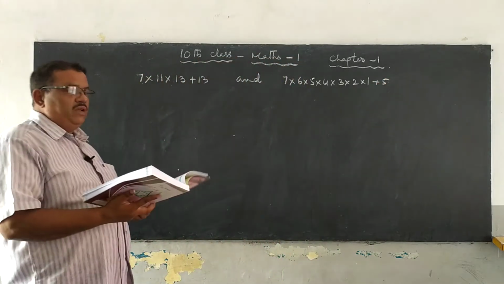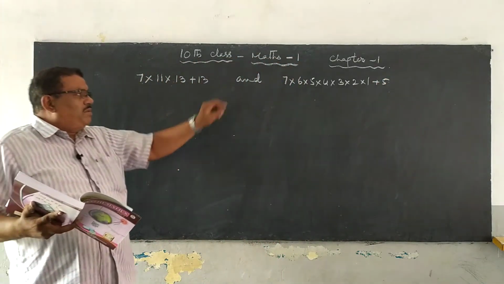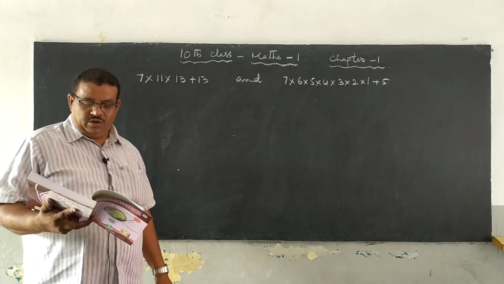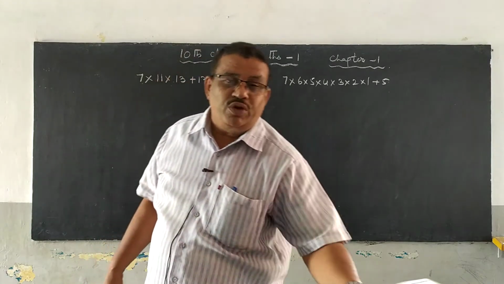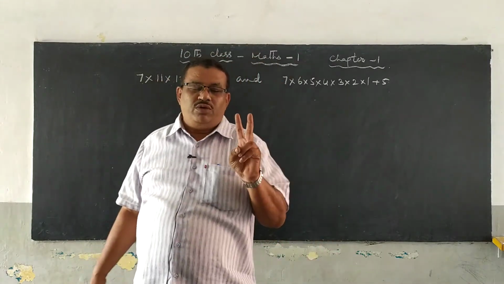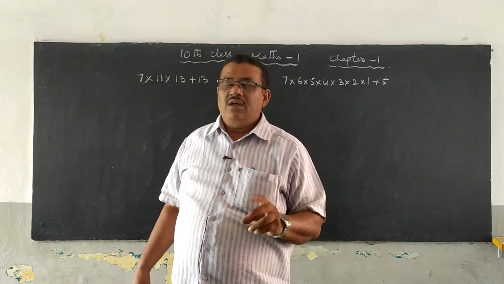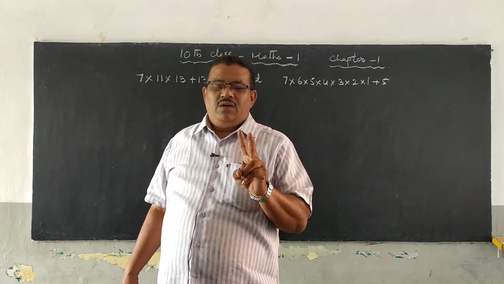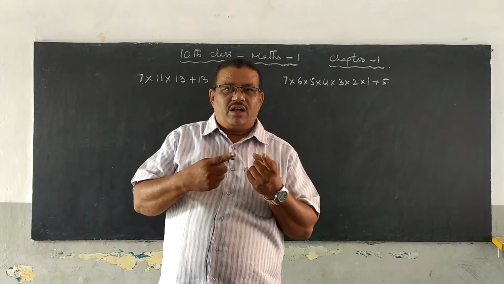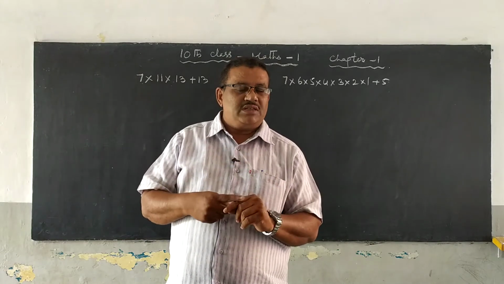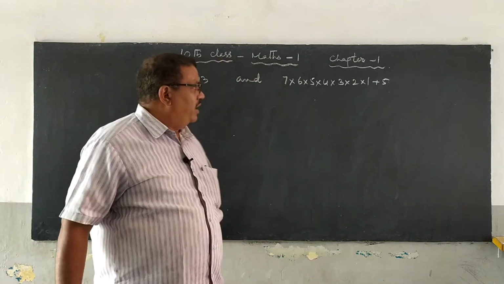Explain why these two numbers are composite. The product of two prime numbers is composite, the product of two composite numbers is also composite, and the product of composite and prime numbers is also composite. Let us see this one.